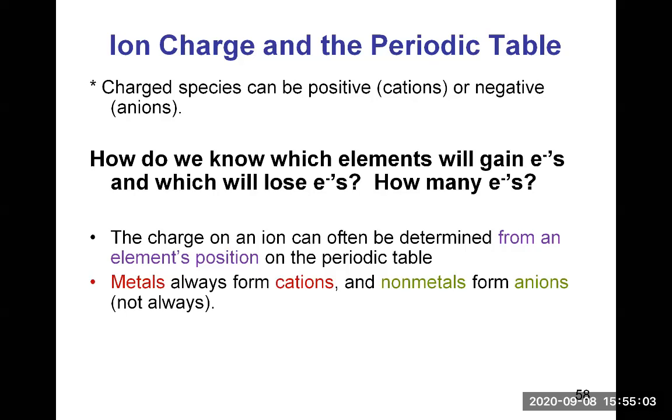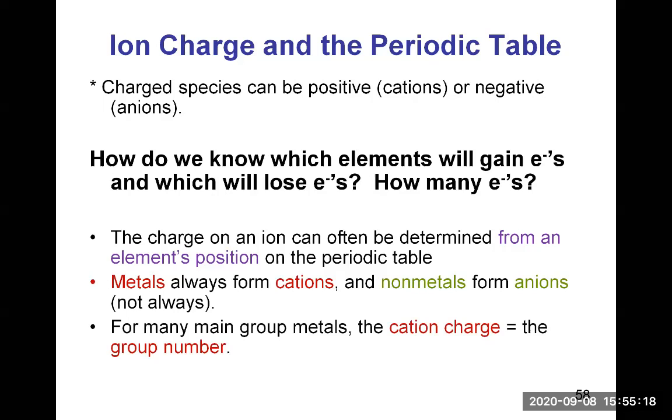Not always though, they also form positive ions. But as a general rule, you want to remember that metals form positive ions, non-metals form negative ions. For the main group metals, so remember the main groups are the A group.